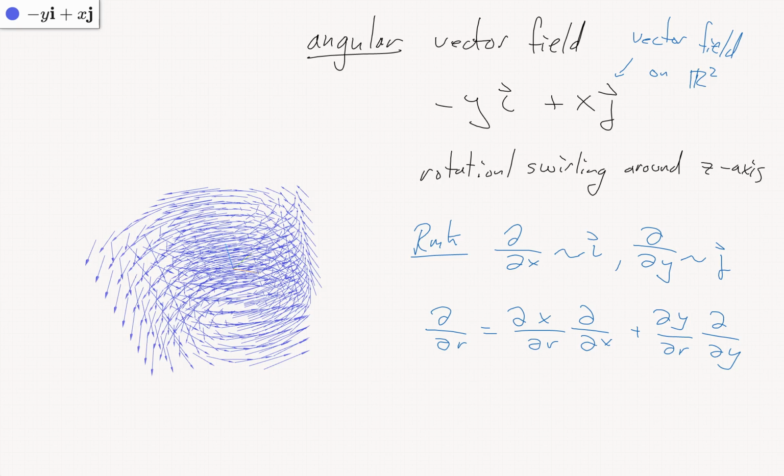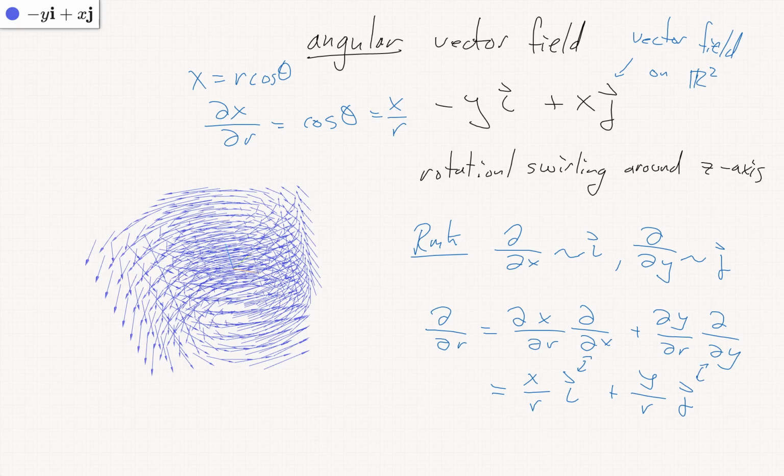But x is r cos theta, so del x by del r is cos theta, which is x over r. And so this becomes x over r i plus y over r j, which is the radial field we saw in the previous example.